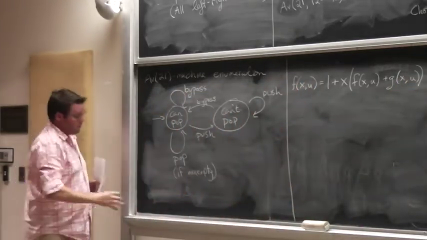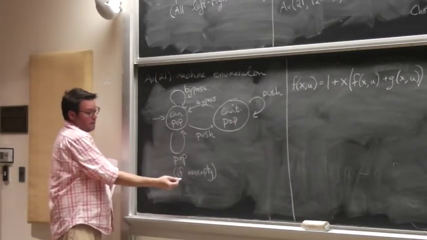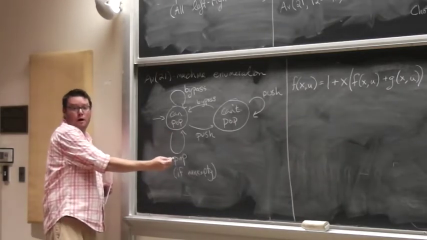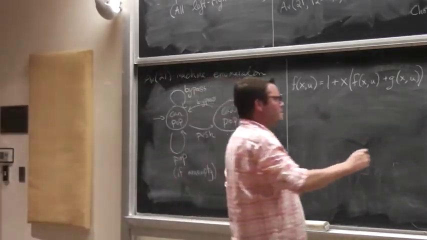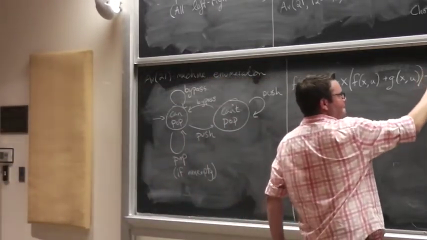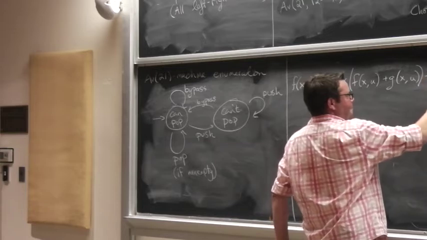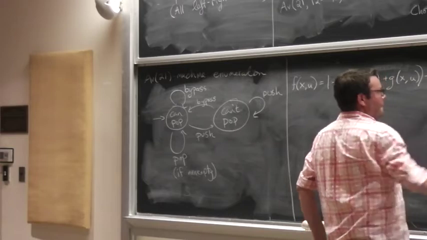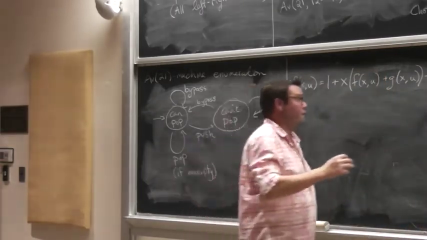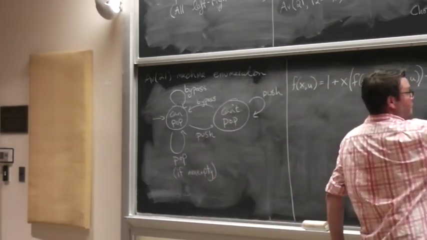Or if the container is non-empty, we're allowed to pop. Pop puts something in the output and it removes something from the container. Okay, but we have to make sure that we're not popping from an empty container.